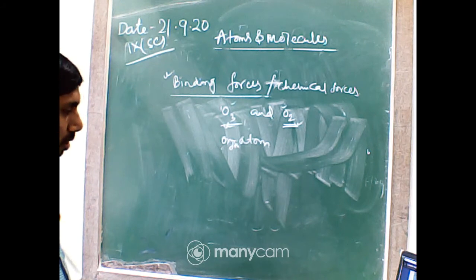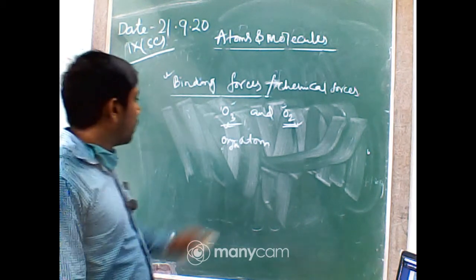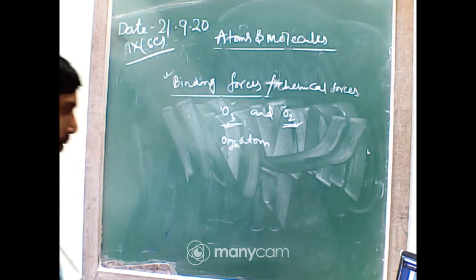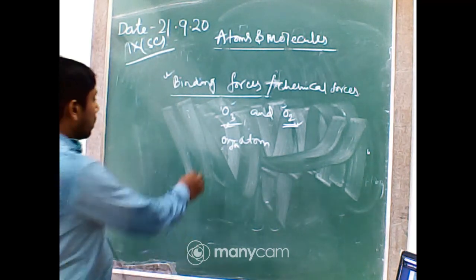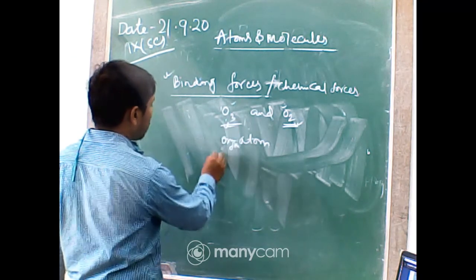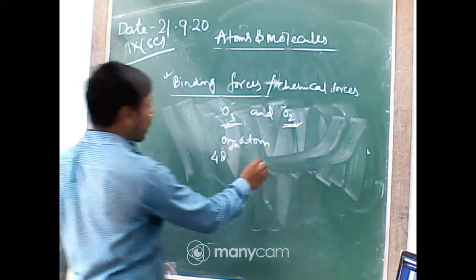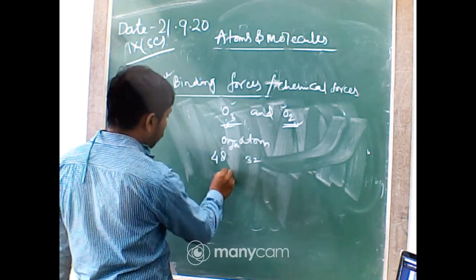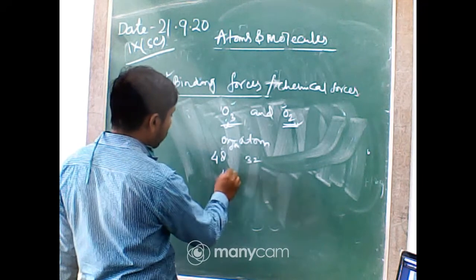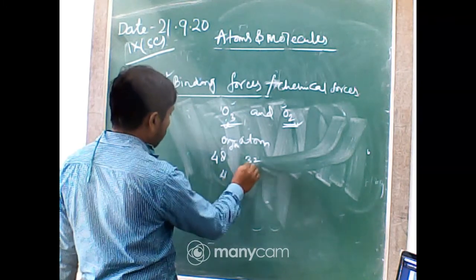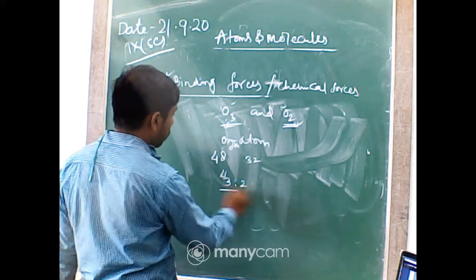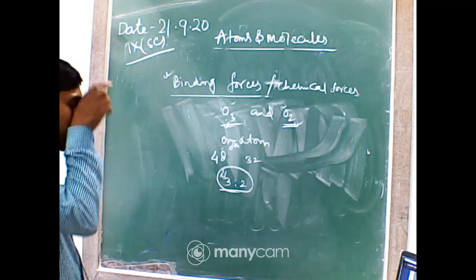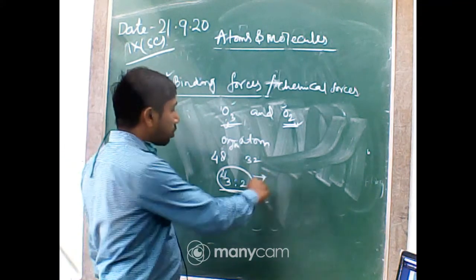One more oxygen, Ronit, that is also correct. O2 is oxygen, multiple proportion, yes, that is also correct. Here according to the mass it is 48 and 32. If we simplify it, it would be 3 is to 2. So it is a simple proportion, multiple proportion, which we get from Dalton's atomic theory.